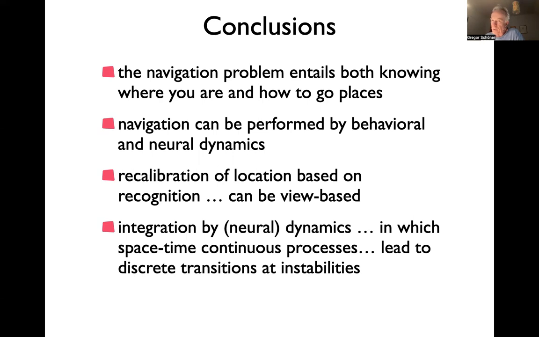And so the important thing in the navigation problem is that you will have to occasionally reset your location. It cannot be based only on integration, which is a simple form of dynamics, and that is based on instabilities. I showed you this one example. I didn't explain it very well. The typical sensor information that triggers such instabilities is some form of recognition approach.